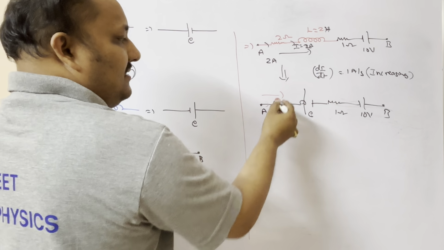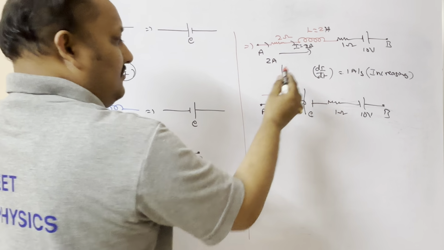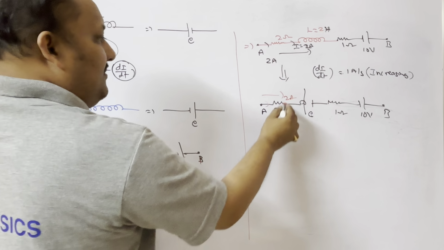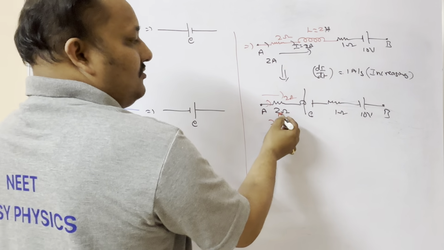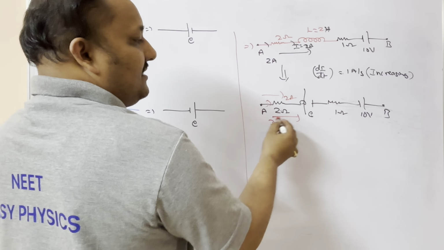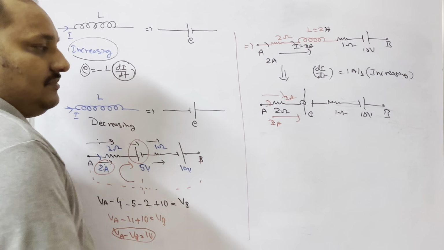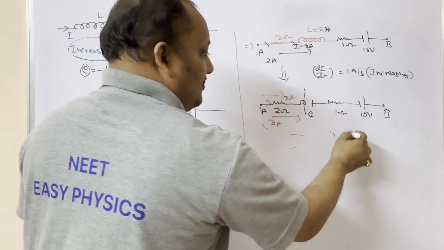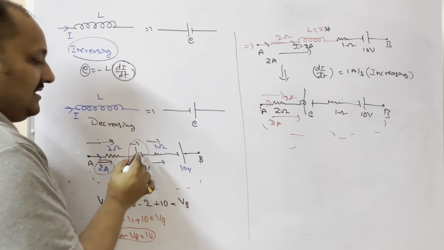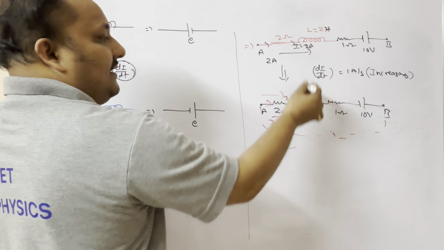Okay. Now, current direction: 2 amperes we give. Same current you can take, 2 amperes, 2 into 2. Same direction. Current is going like this, and the loop is also going like this, the same direction. Same problem, just in place of this we gave an inductor.